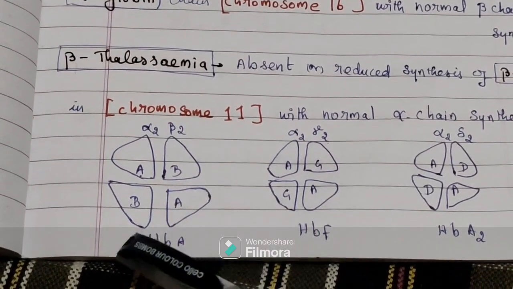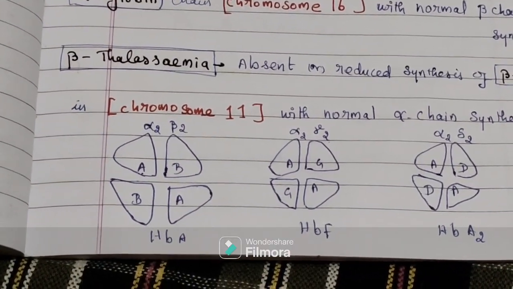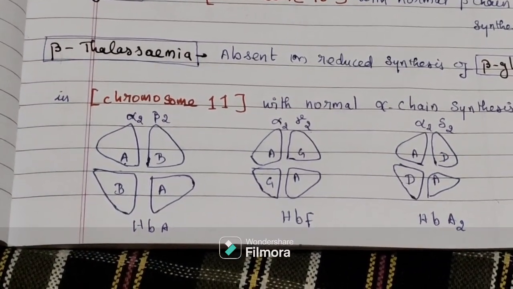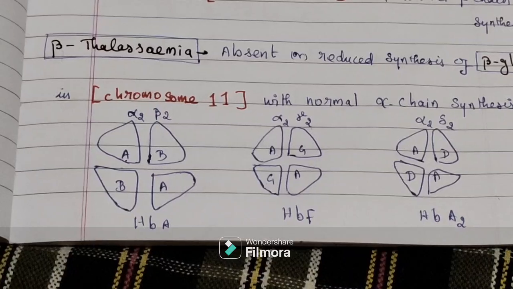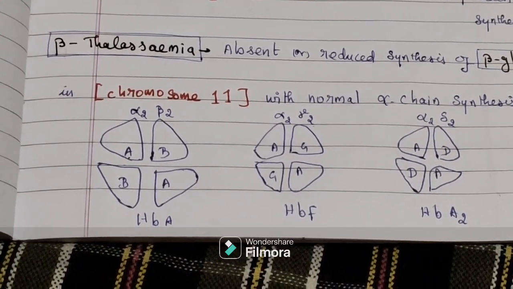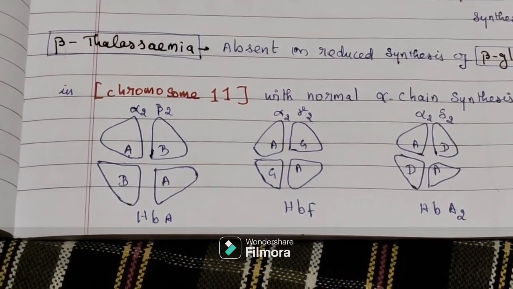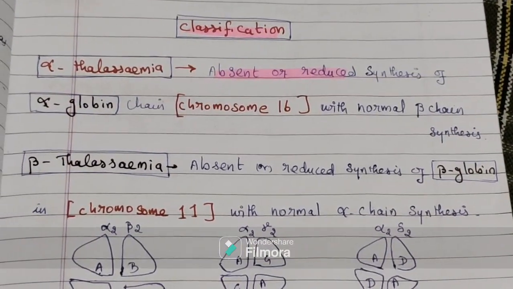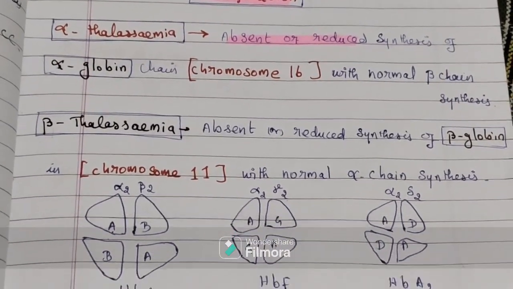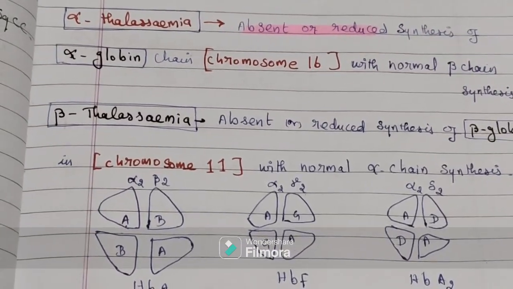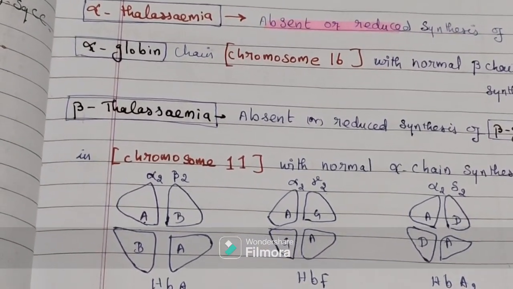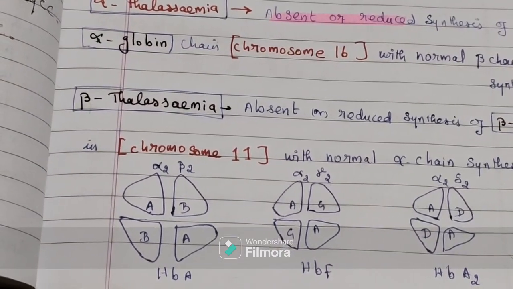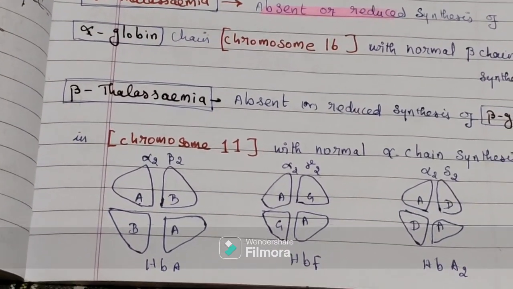If the beta is less or absent, it means beta thalassemia. So in alpha thalassemia there is reduced synthesis or total absence of alpha chain. In beta thalassemia there is reduced synthesis or total absence of beta chain. So alpha chain absent means alpha thalassemia, beta chain absent or less synthesis means beta thalassemia.